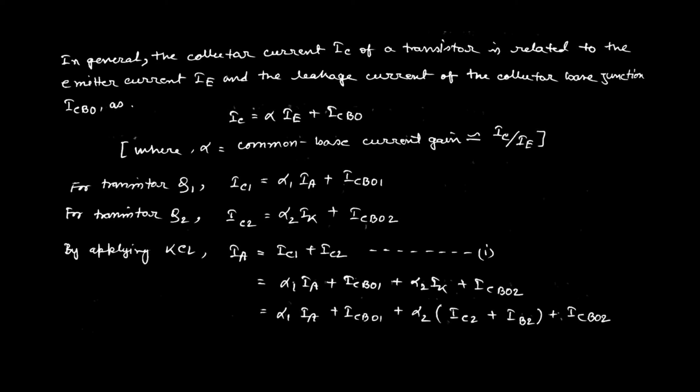In general, the collector current IC of any transistor is related to the emitter current IE and the leakage current of the collector base junction ICBO, which is written as IC equal to alpha IE plus ICBO, where alpha is the common base current gain, represented by IC by IE. This is a normal case for any kind of transistor.